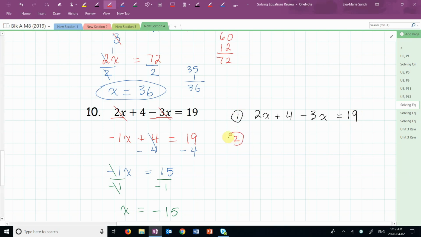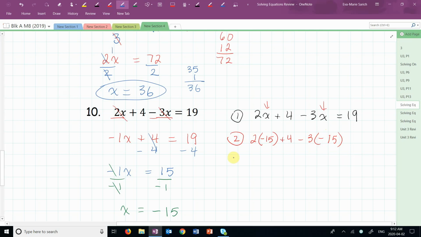Our second step is to substitute in. So we're going to have to put our answer in two places because we've got two x's. So 2 bracket, our answer was -15, so we're going to put -15 in there, plus 4 is equal to 19, minus 3 bracket -15.